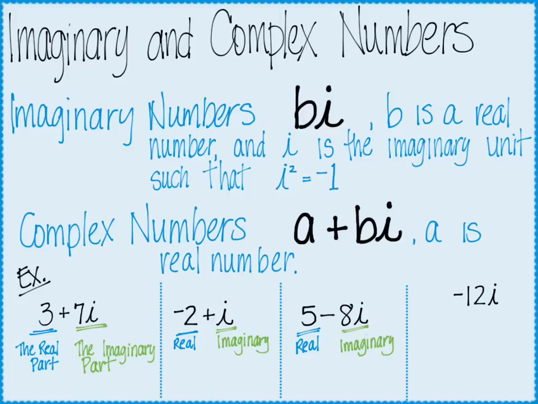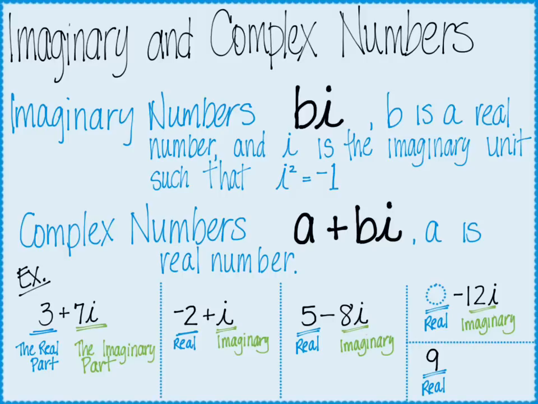And here we've got -12i. It doesn't have an a. Well, the real part is 0, because remember 0 is a number, and -12i is the imaginary part. Here's one more, 9. You say there's no imaginary part.